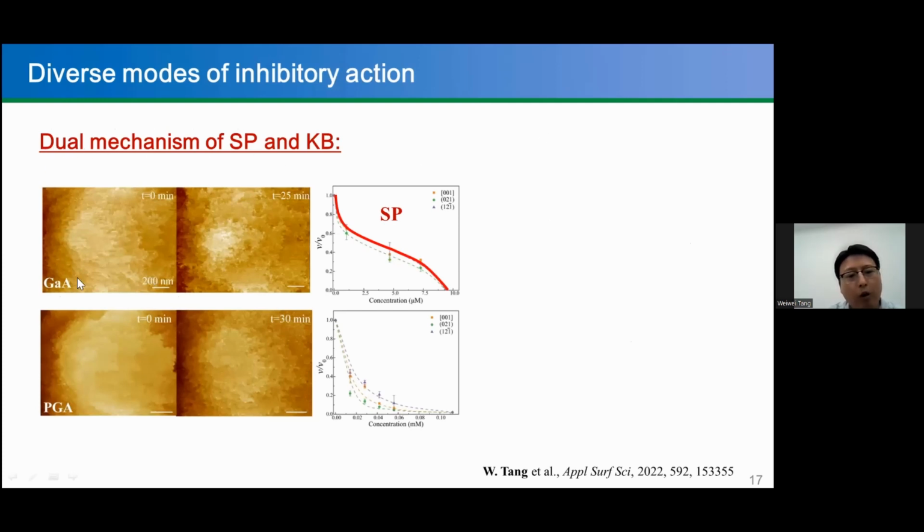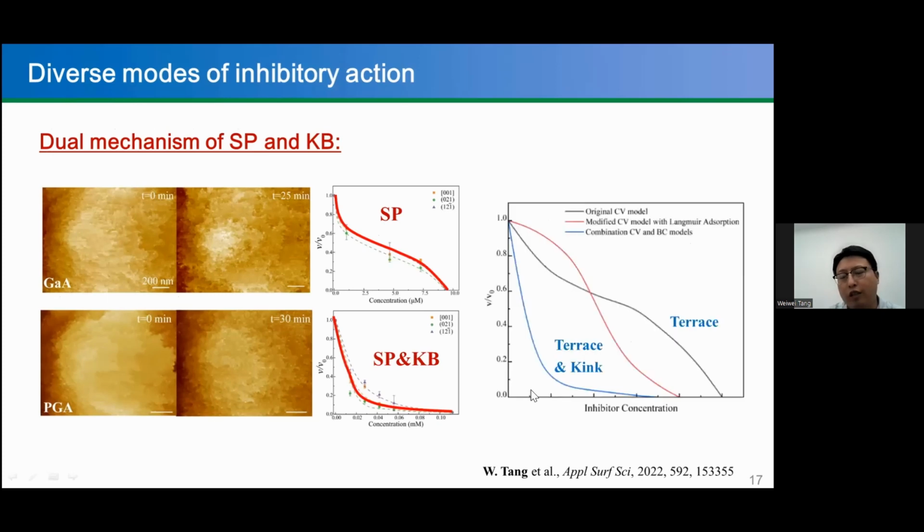To compare with GAA, which is a stepping inhibitor, the step velocity in the presence of PGA inhibitor shows a much steeper decrease. This is due to the effect of inhibitor molecules adsorbed on the terrace and kink sites simultaneously, which displays a dual mechanism of stepping and kink blocking.